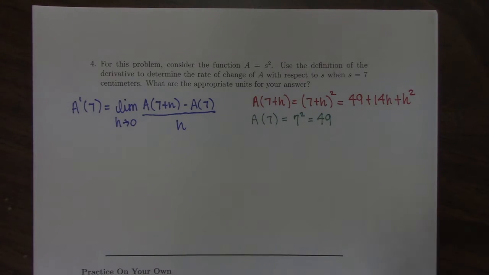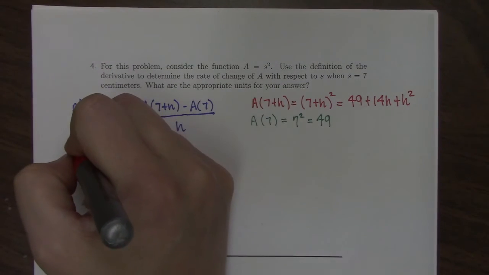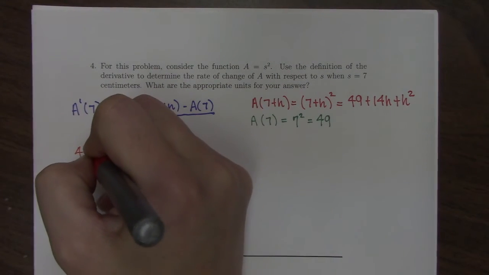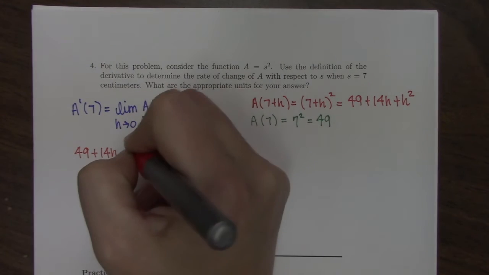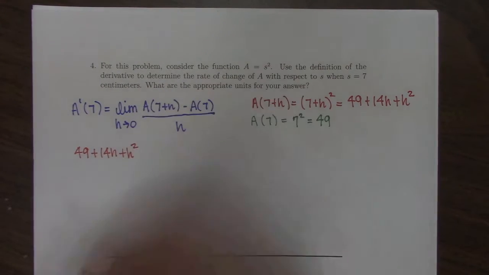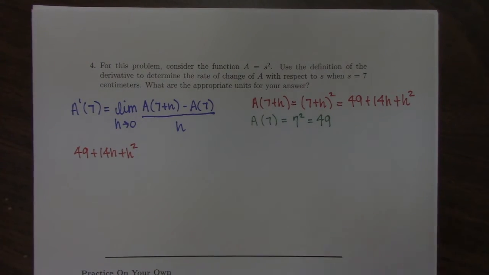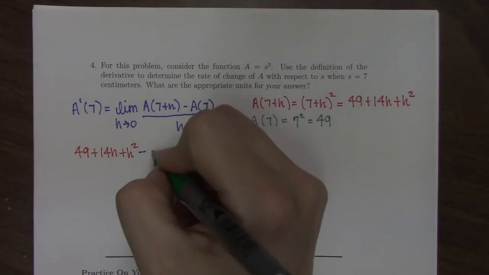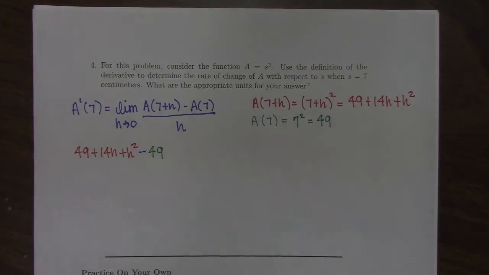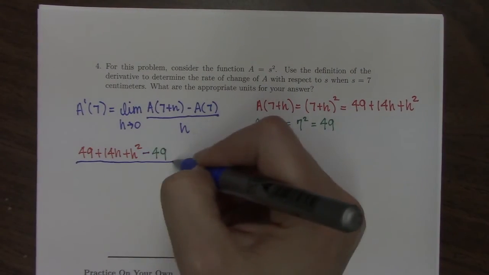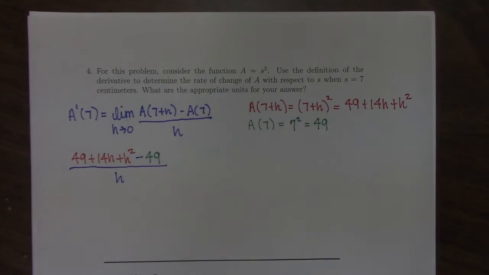So a of 7 plus h was 49 plus 14h plus h squared, subtracting a of 7, which was 49, and then I'm dividing this all by h.